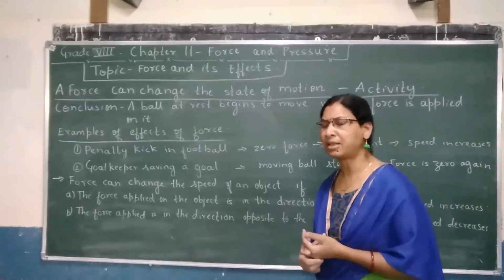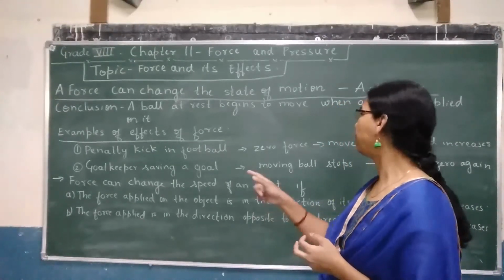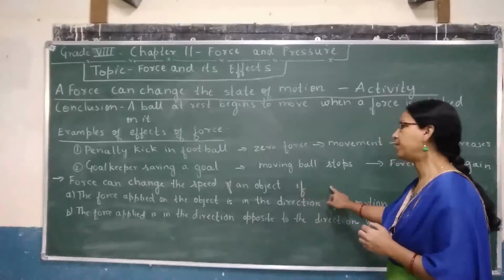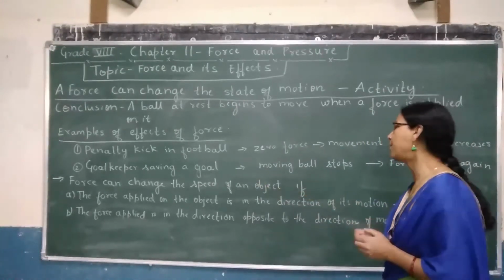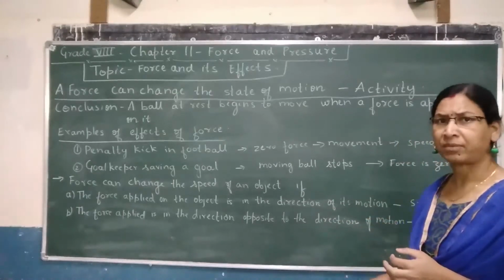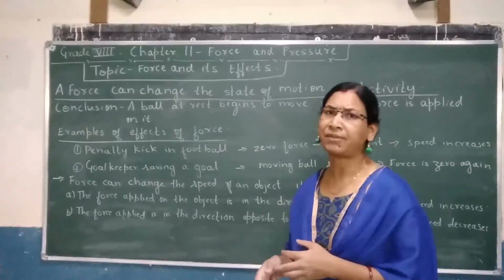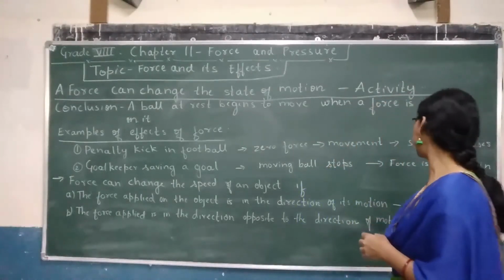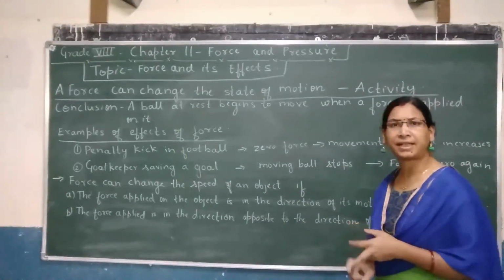From all this, we have seen that force can change the speed of an object if the force applied on the object is in the direction of its motion. That means if the force is applied in the same direction, the speed of the object increases.